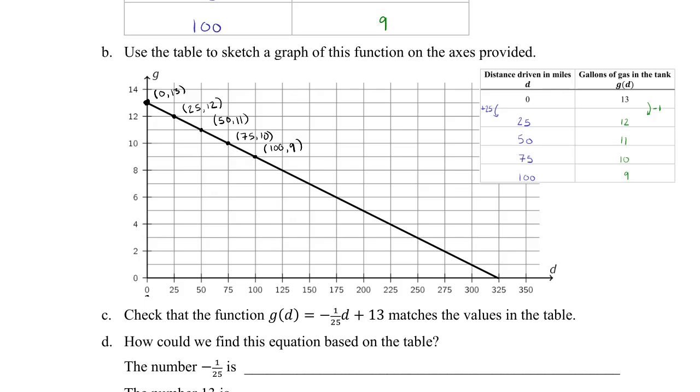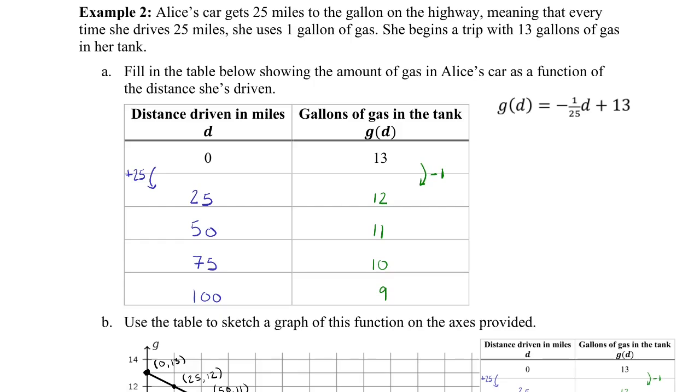And we're going to check by showing that that matches the values in our table. So when d is 0, we'll take g of 0 equals negative 1/25 times 0 plus 13. And putting that into a calculator, we get 13.